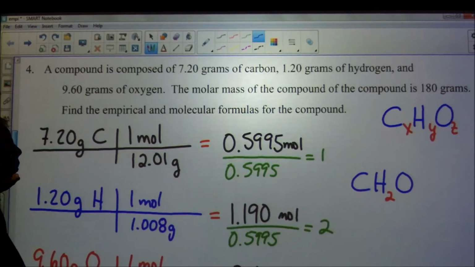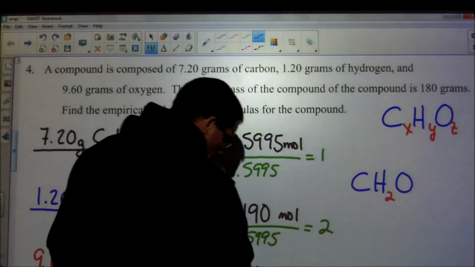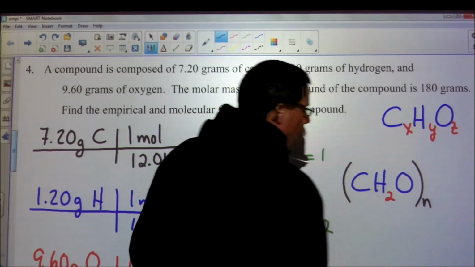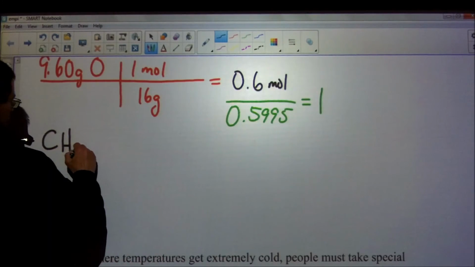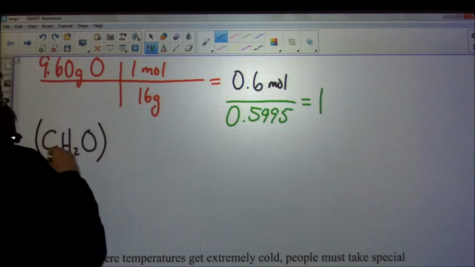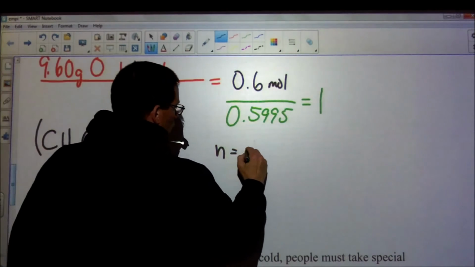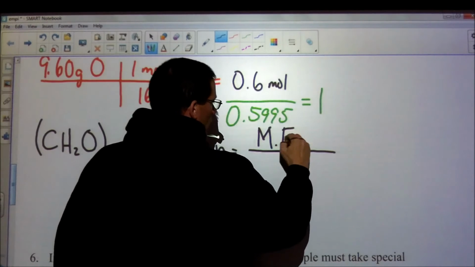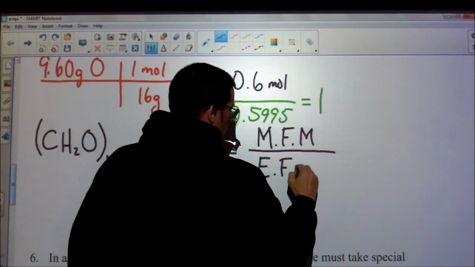Now the question also wants us to find the molecular formula. So this is the empirical formula. We'll go ahead and put that in there. And now we need to solve for N, in other words, the multiplier. As a reminder, N represents the molecular formula mass over the empirical formula mass.